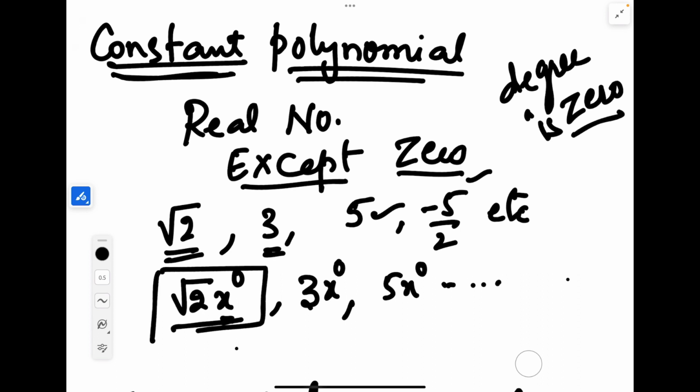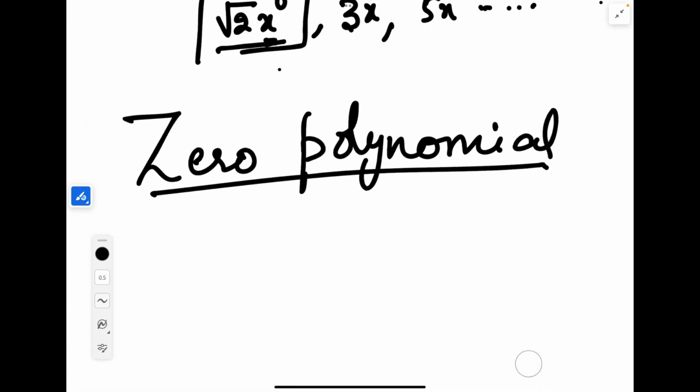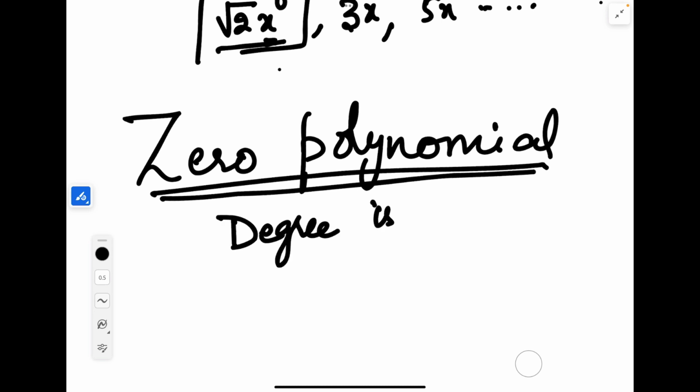Okay. Now you may have a doubt, why the 0 is also a constant number, right? It's a constant. Then why it is not a constant polynomial? Yeah, for 0 we call it as a 0 polynomial, because the degree of this polynomial is not defined. Children, if it is any real number, say for example 2, how can we write it?